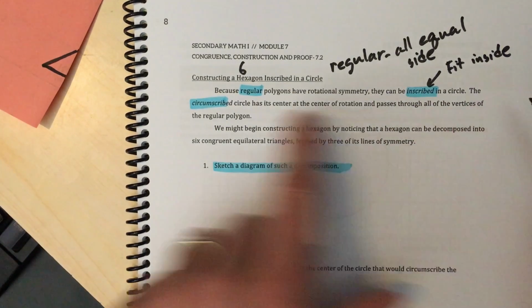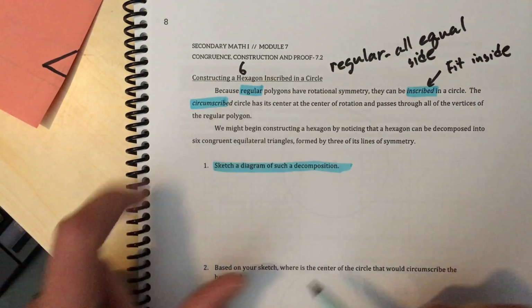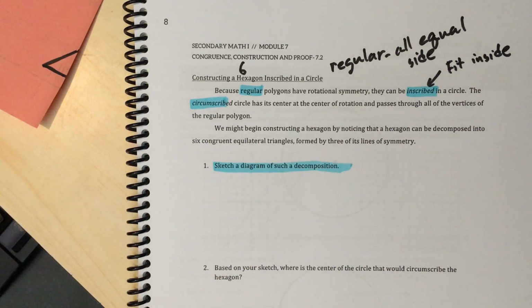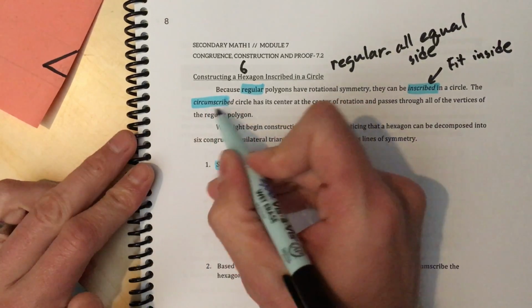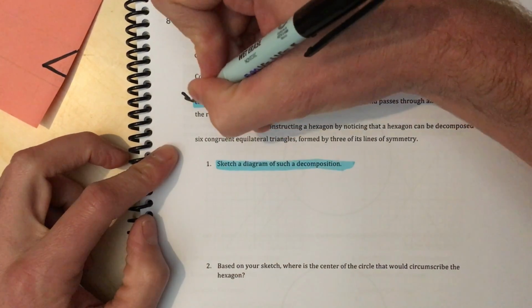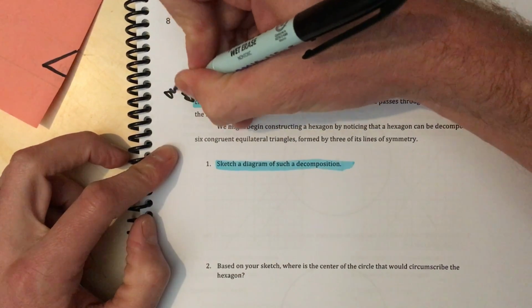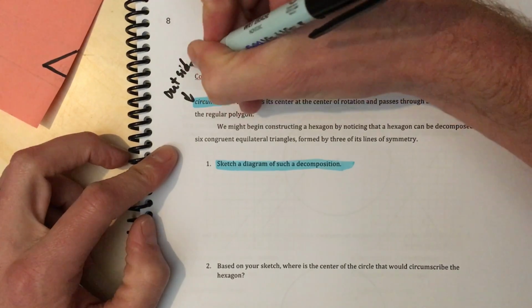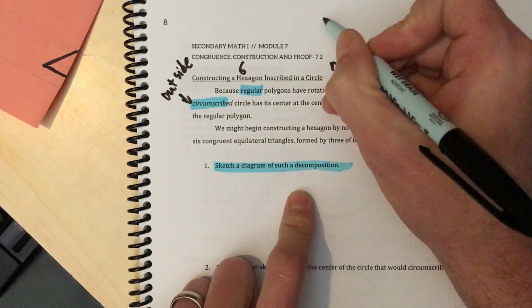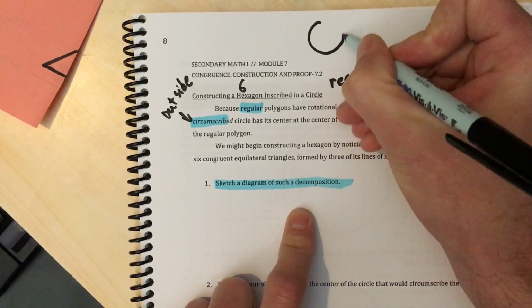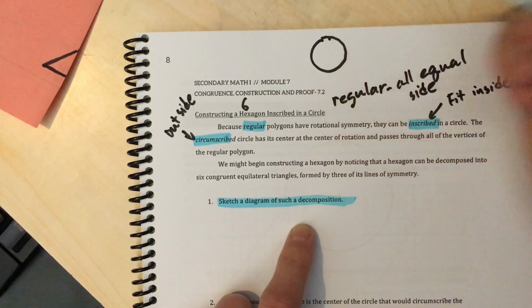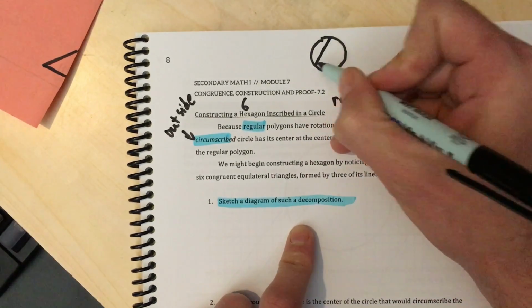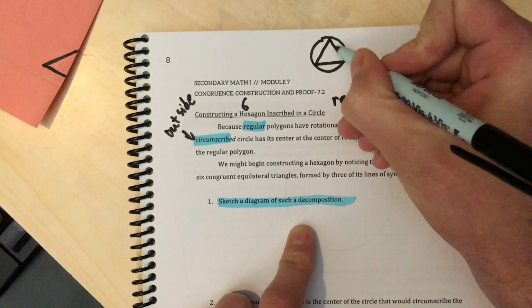The circumscribed circle, so circumscribed just means on the outside. So the circle is on the outside. If we had a circle, everybody draw a circle on their page right up here, and we're going to inscribe a triangle in there.